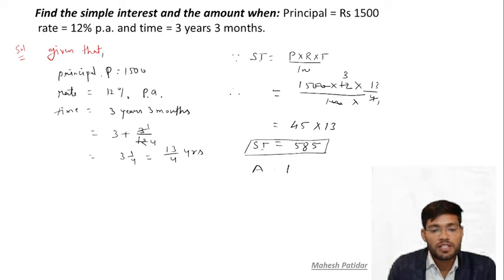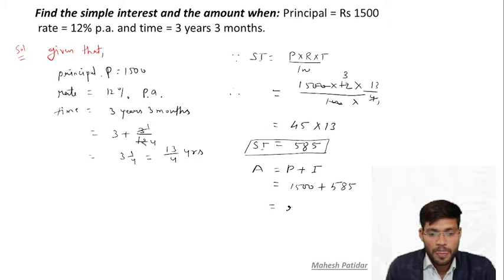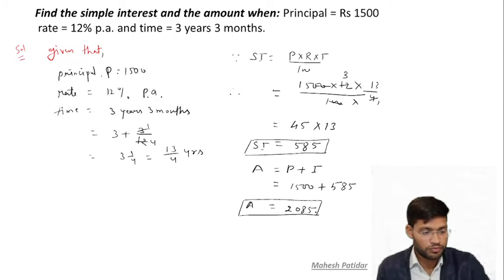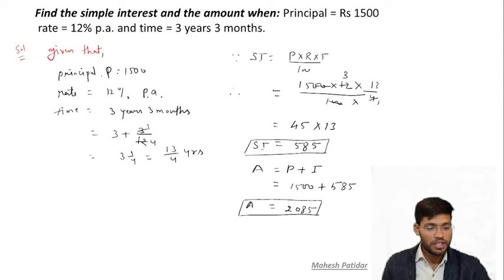Now amount A is equal to P plus I, that means principal 1500 plus interest 585, it will give 2085 rupees. Is it clear?